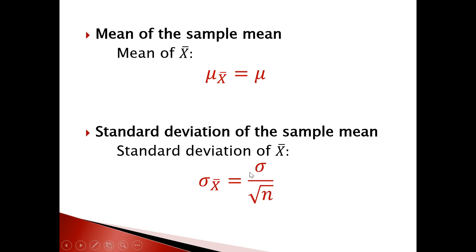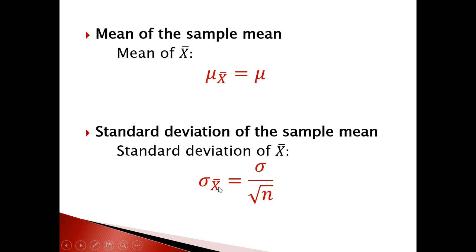Sigma is the standard deviation of the variable X and n is the sample size, that means the number of observations in the sample. So by using this formula, we can find the mean of the sample mean, and by using this formula, we can find the standard deviation of the variable x bar.